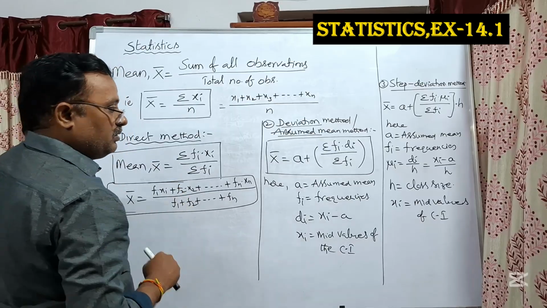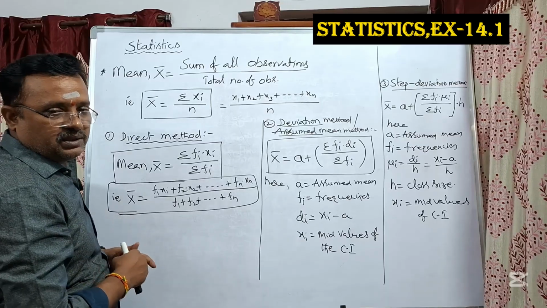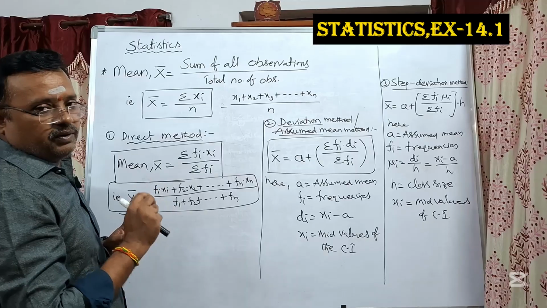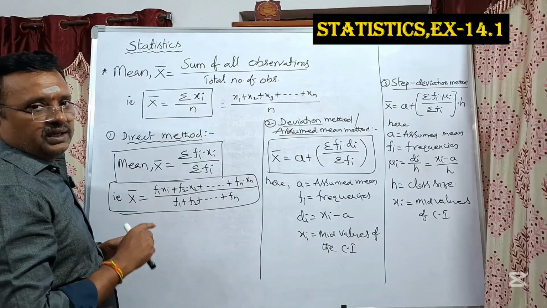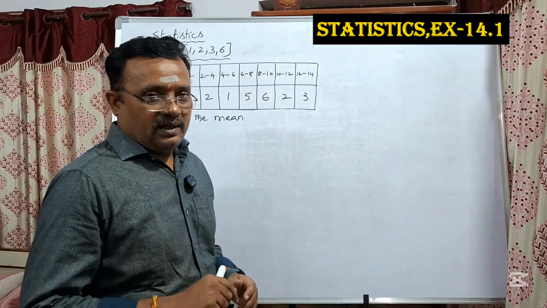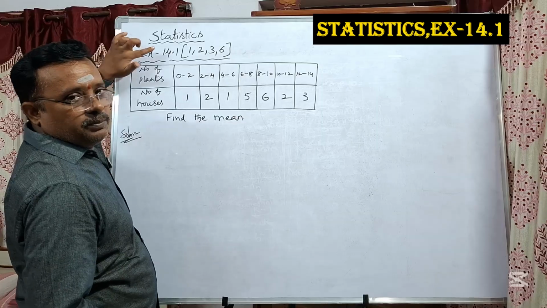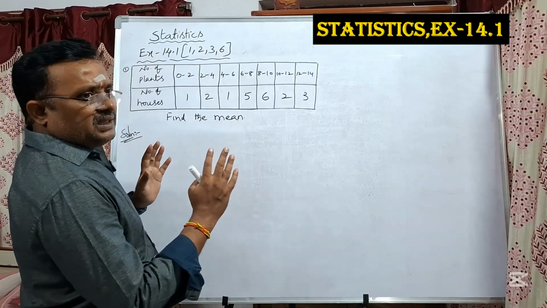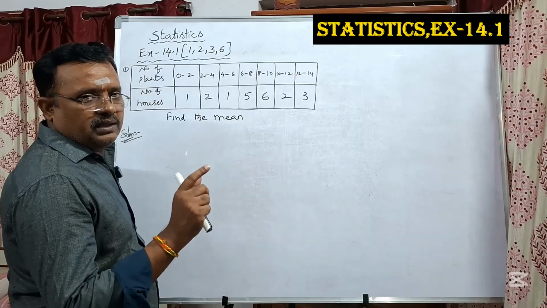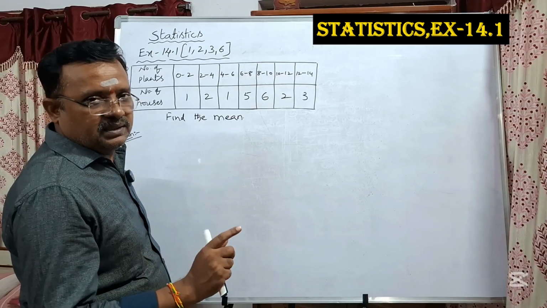Now let us observe how to apply these three kinds of procedures to solve a grouped frequency distribution table for finding the mean, using exercise 14.1. The exercise contains many problems. As I told you before, under the CC pattern these problems are only for practice.